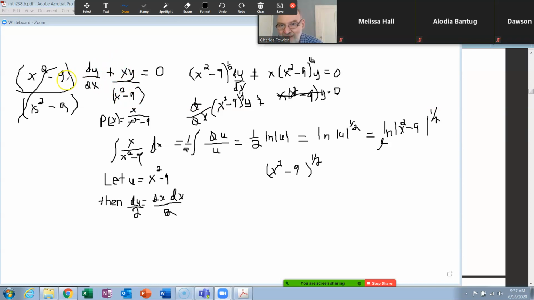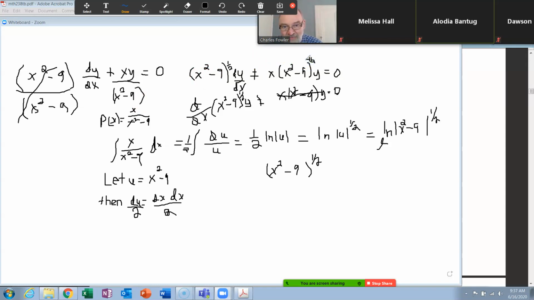When we're writing this down, the integrating factor here is this. The left-hand side is just this thing times y, dy dx. Over here, you had this in the denominator, x squared minus 9. When you multiply that by x squared minus 9 to the 1/2, that leaves a minus 1/2 here, which is exactly what it needs to be.